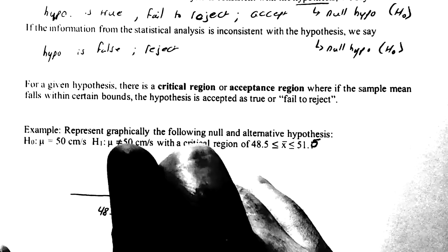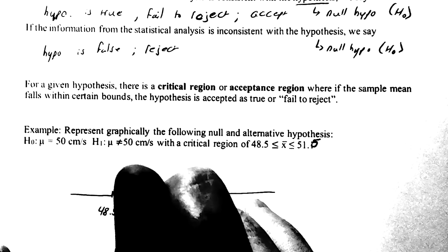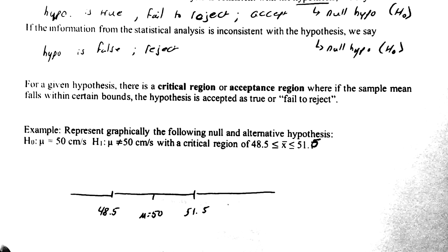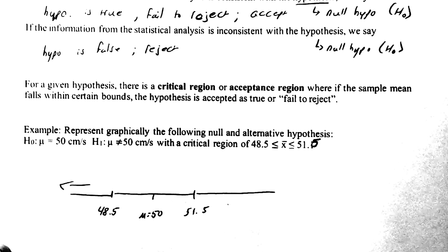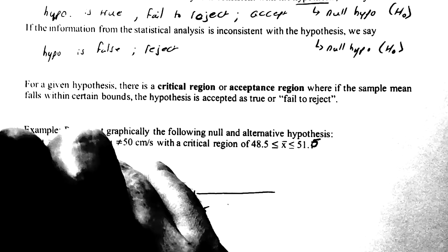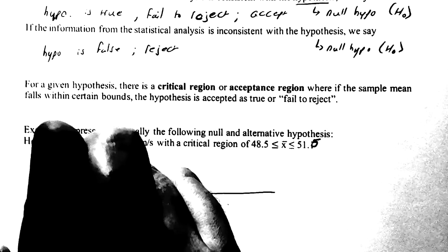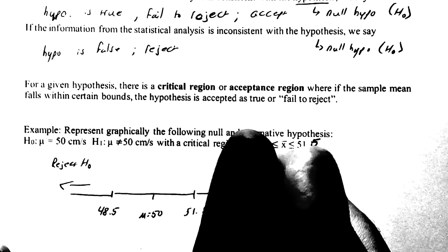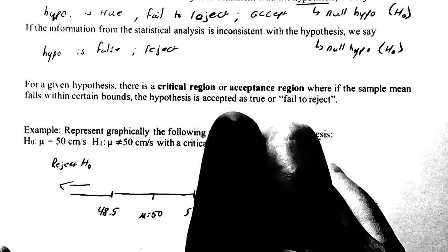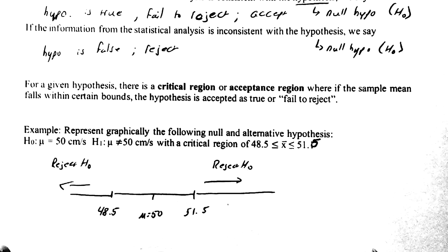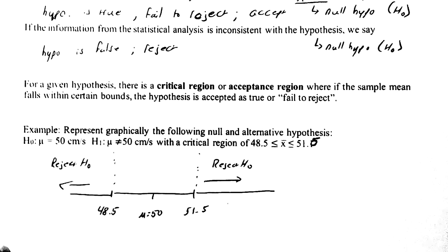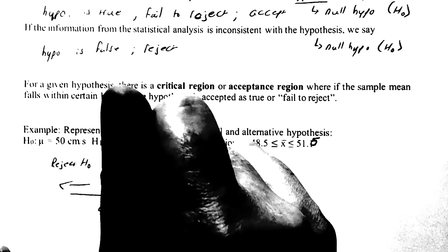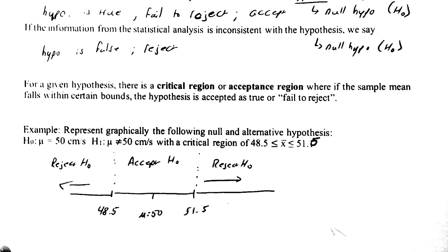And we've got a population mean of 50, so right in the center of that. And so then we're going to say that below 48.5, we would reject the null hypothesis. And above 51.5, we would reject the hypothesis. But in the region anywhere between those two criteria, we would accept the null hypothesis.